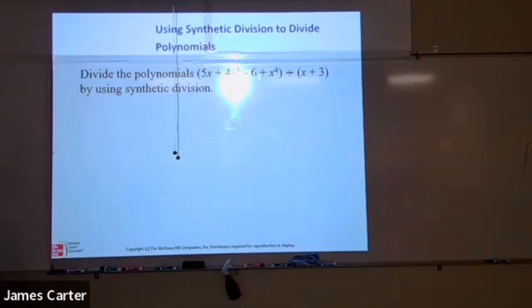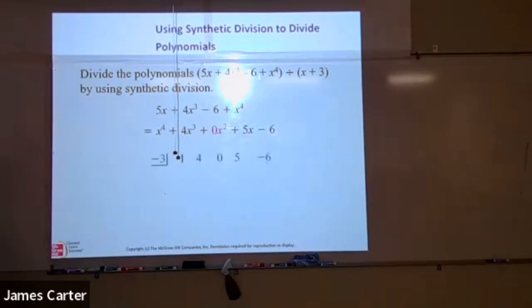Okay, what about this one? Well, first thing we have to do is put these in order. 4, 3, x squared's missing. Over here we're okay in that respect. So what they're doing here is simply ordering that. Here's the 4th degree, here's the 3rd degree, here's the missing 2nd degree placeholder, here's the 1st degree, here's the 0 degree.